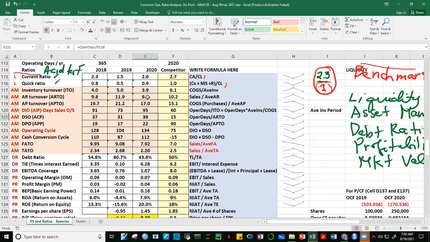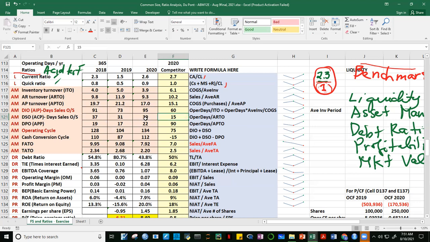Also, related to ARTO, 9.3 times is equivalent to days sales outstanding. Let me write that. Days sales outstanding. So 39 days it takes the company from selling the goods on account to collection, while our competitor does it in 15 days.